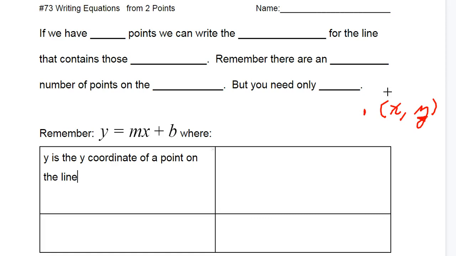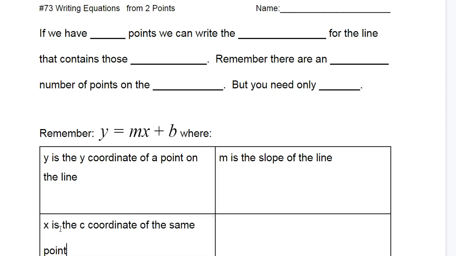The m is simply the slope of the line that we're talking about. So y is the y coordinate of the point, m is the slope, x is the x coordinate of the same point that we talked about.